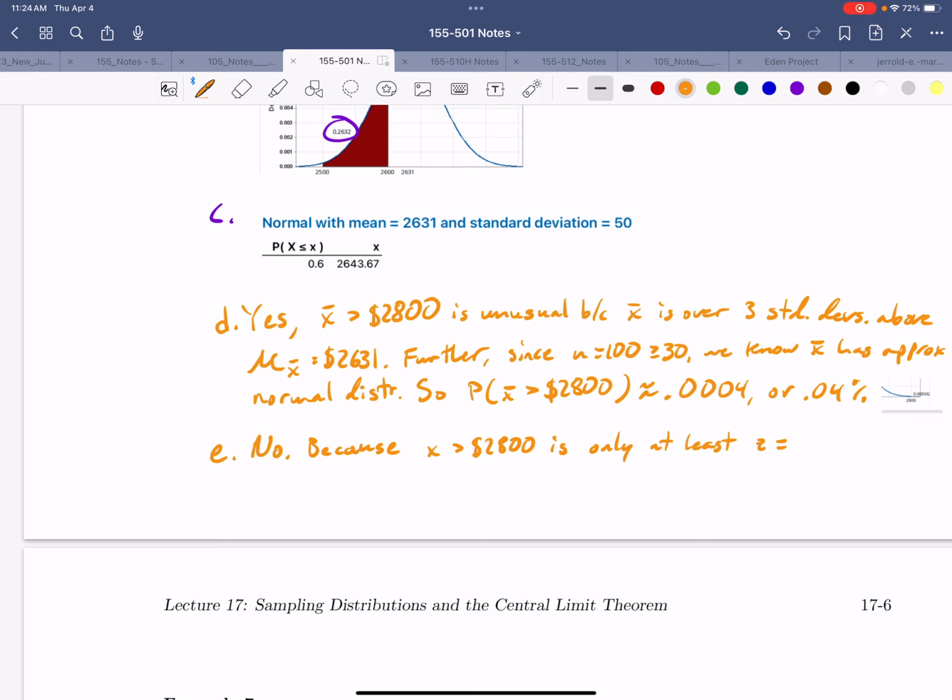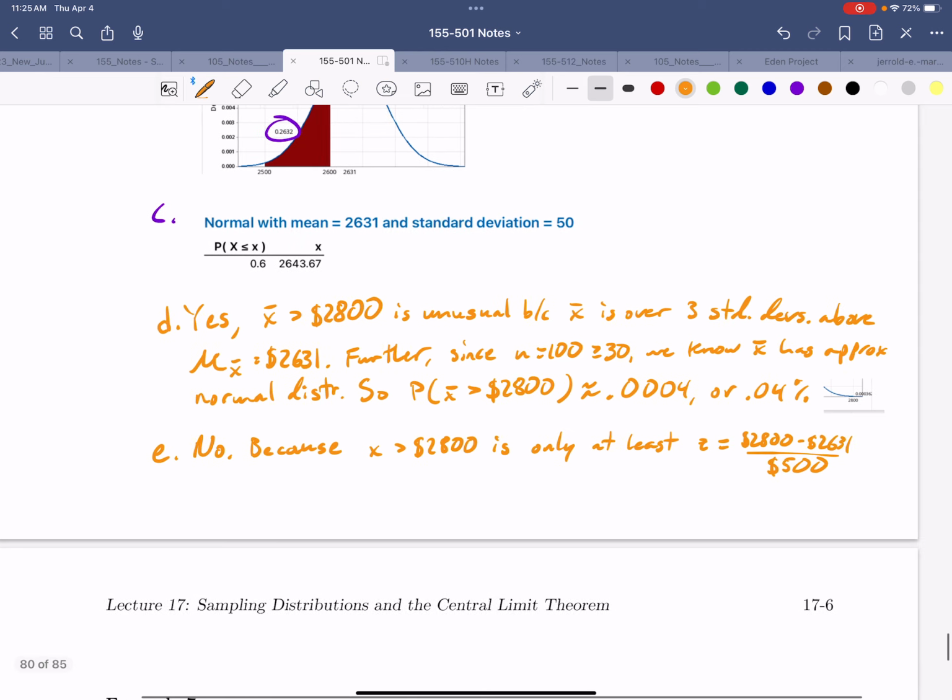Well, it's going to be the z-score, right, which is 2,800 minus 2631 all over 500. It's got to be 500, not 50, because we're talking about the population now. A single house or a single apartment.